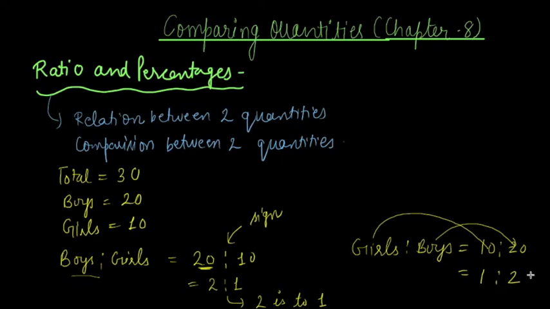Now there are two important things in the ratio. If I say find the ratio of 2 meter to 500 centimeters, whenever we calculate the ratio, the units of both the terms should be the same. So either you convert it into centimeters or you convert it into meters.